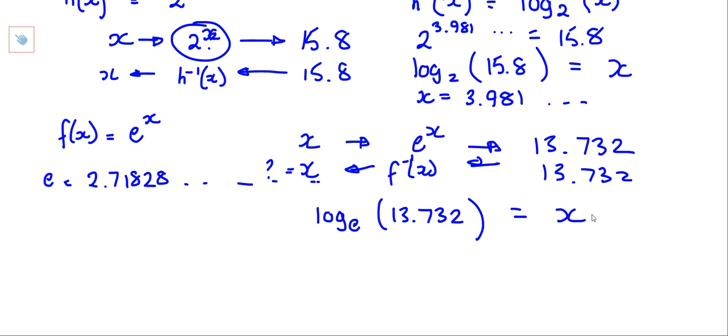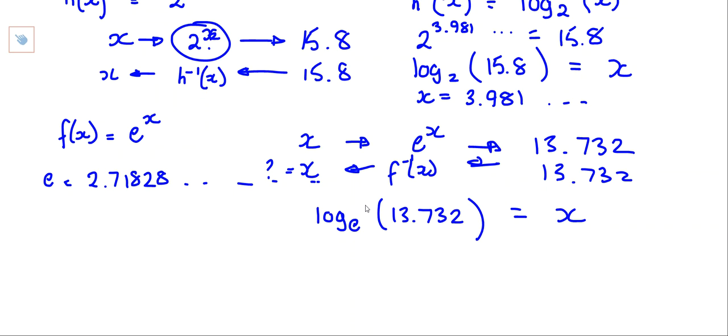Now, just to introduce you, we don't write log to the base e. It's too important. It has its own notation. Does anyone know what we do instead of log to the base e? It's not a number, E is better than 2.71 because that's rounded.